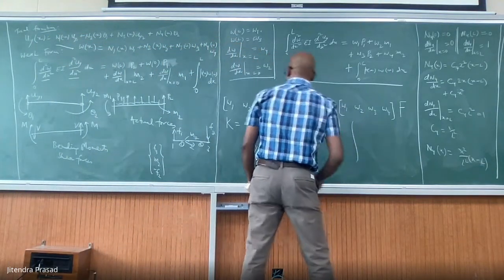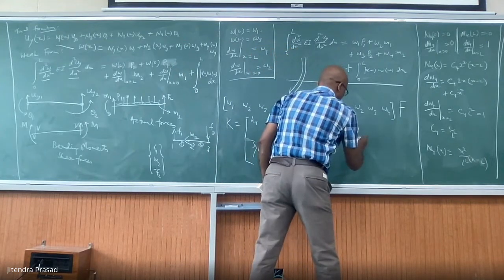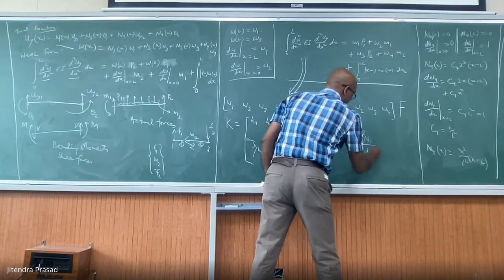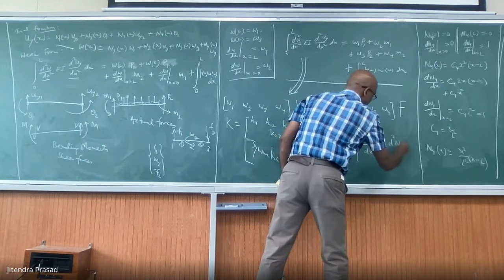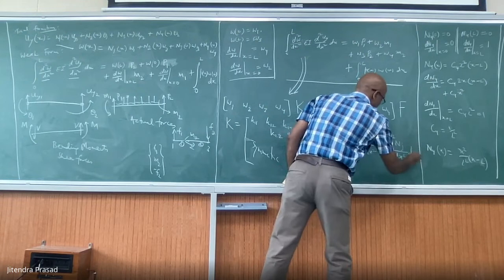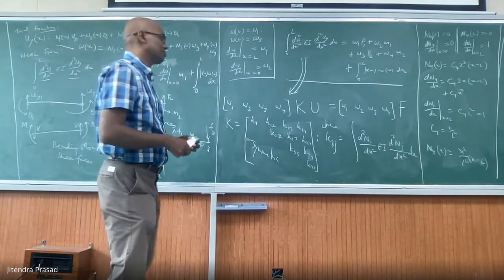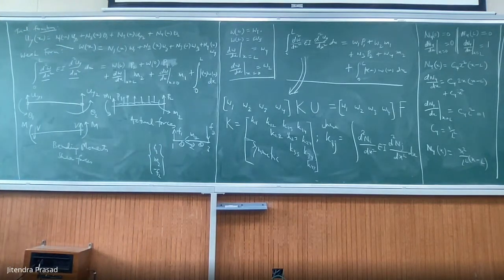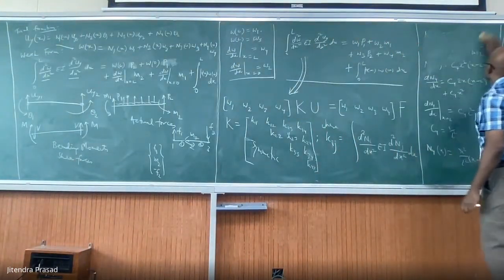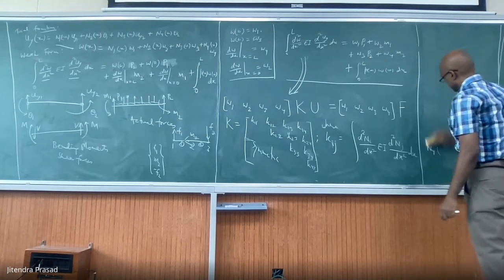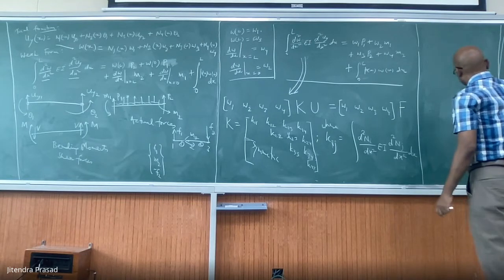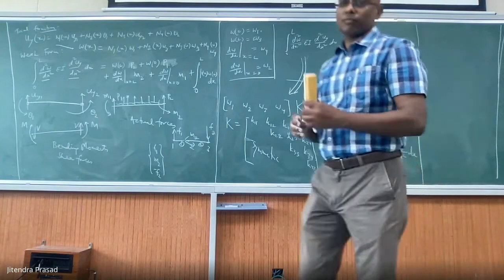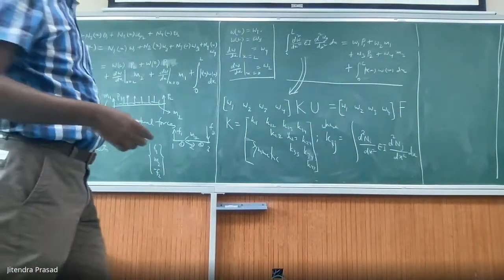We have EI there, we have the double derivative of Ni, d square Ni over dx square, multiplied by d square Nj over dx square.